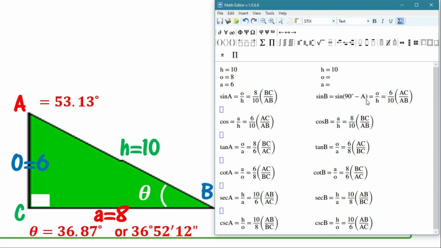So, kung hindi ninyo napapansin, yung sides na after tayo kay sine B is actually the sides that we are concerned with the cosine of A.